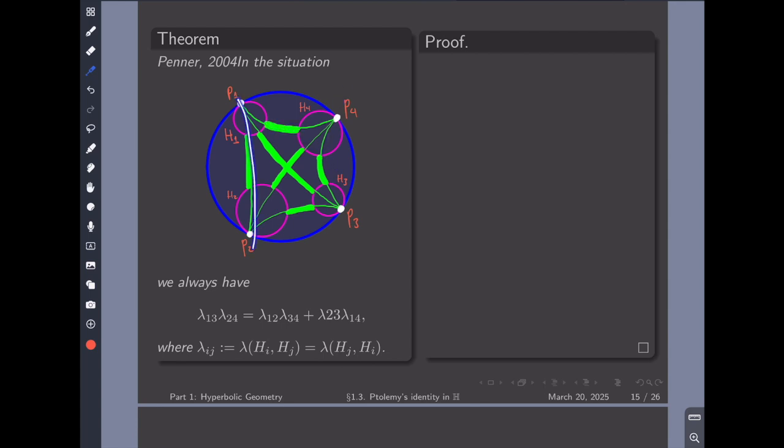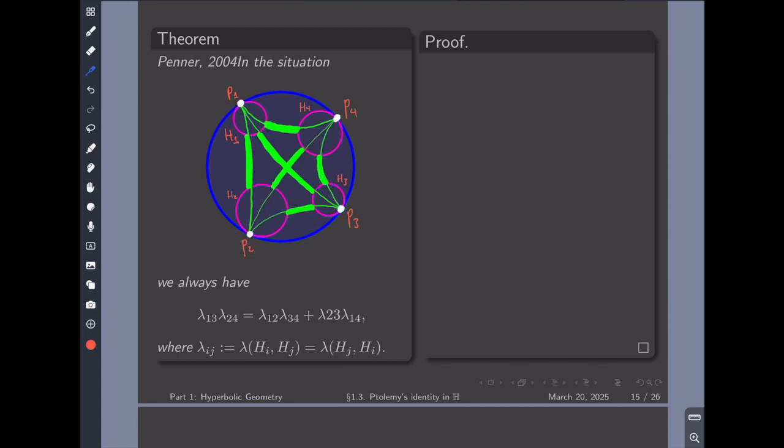Between 1 and 2 it is the exponential of plus minus the hyperbolic length divided by 2, etc. So the point is that with 4 horocycles, I have how many geodesics? Well, 4 choose 2, so 6 geodesics, which you are seeing here, right? 1, 2, 3, 4, 5, and 6.